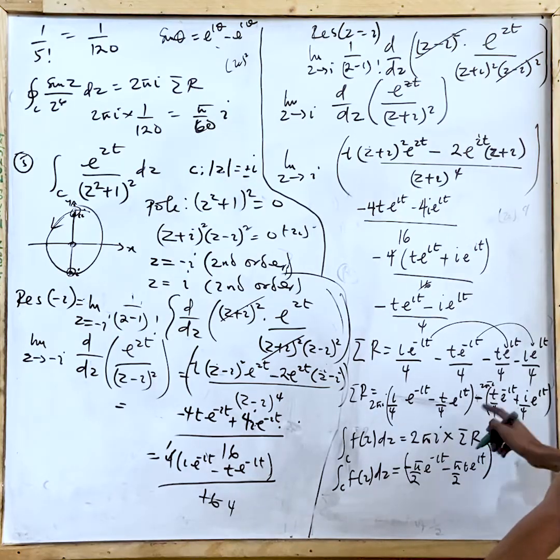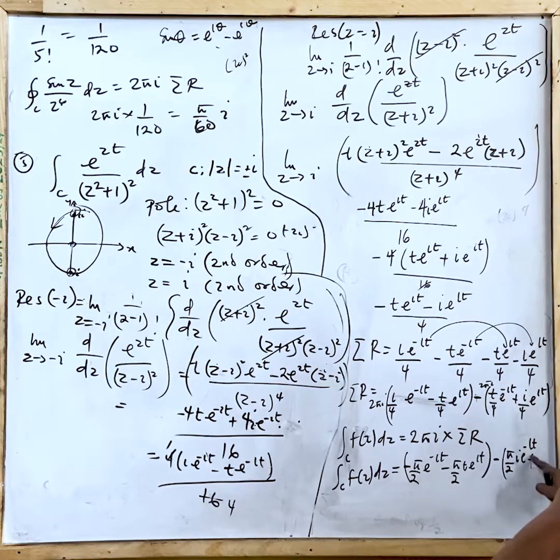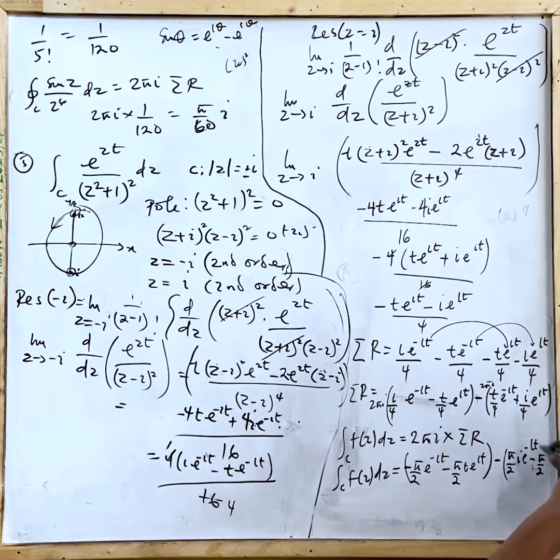And if I multiply this one by 2 pi I, that will be minus pi over 2 I e raised power minus it, plus, multiply by I here, this one will be minus pi over 2 e raised power it. Okay, so in that case we are done.